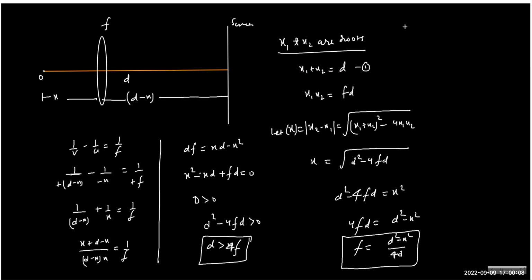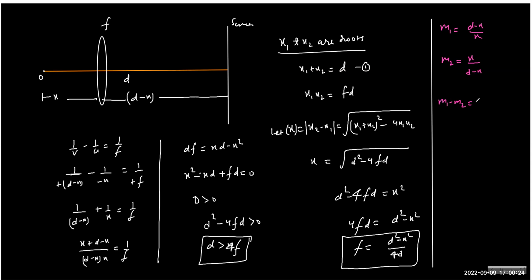Let me prove how it is. So m1 we can write as... m2 is... so m1 minus m2 is how much? Sorry.